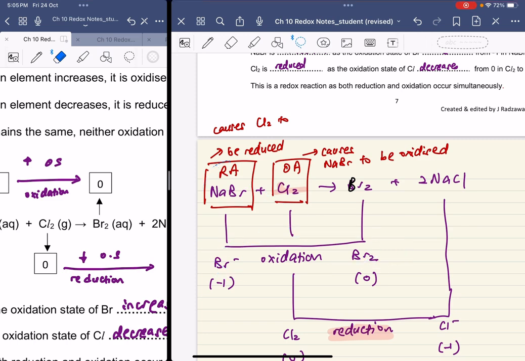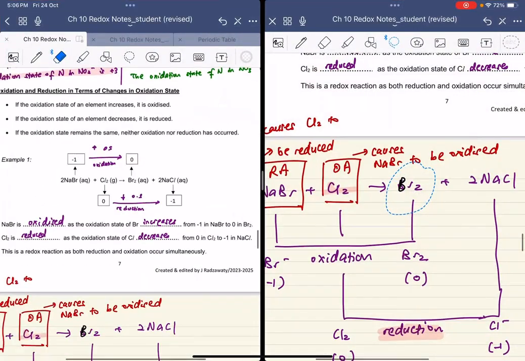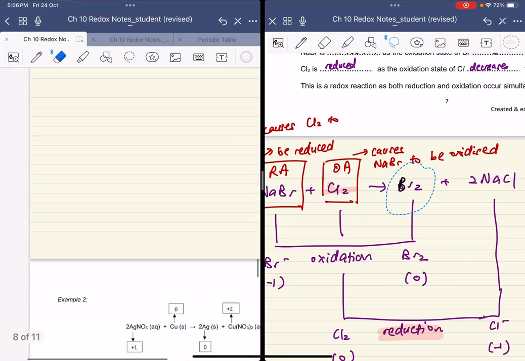So it is a reducing agent because it reduces chlorine to chloride. Chlorine is an oxidizing agent because it causes sodium bromide to be oxidized. I hope this clarifies. I'm going to give you another example here.